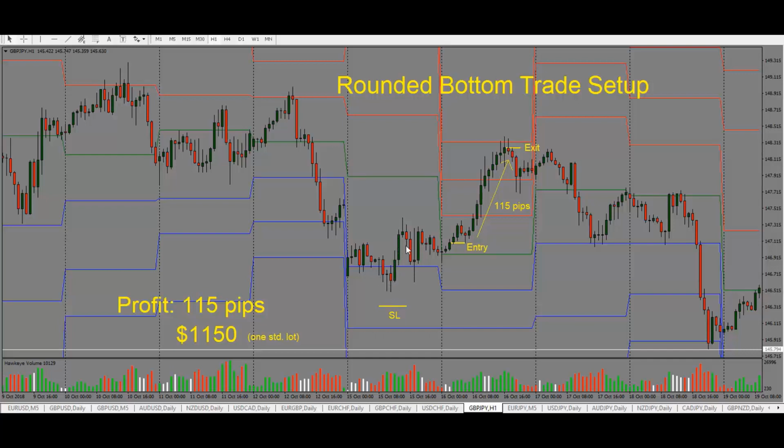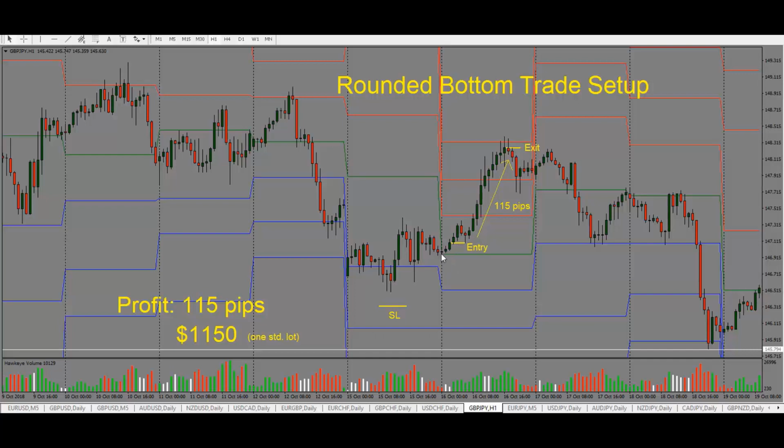We see pins here, tries to make a low again, but this time this low is higher and it slowly starts to push back up. So in this case, we could take a trade once we see that price has finished this rounded bottom here and it starts to go back.